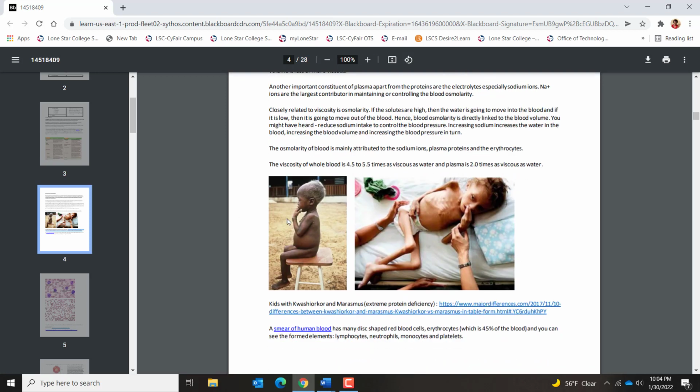This is an infant with kwashiorkor, and this is marasmus. Kwashiorkor is similar to liver disease, where the children don't get enough proteins in their diet. So the blood cannot have enough plasma proteins, and the liver cannot produce plasma proteins.